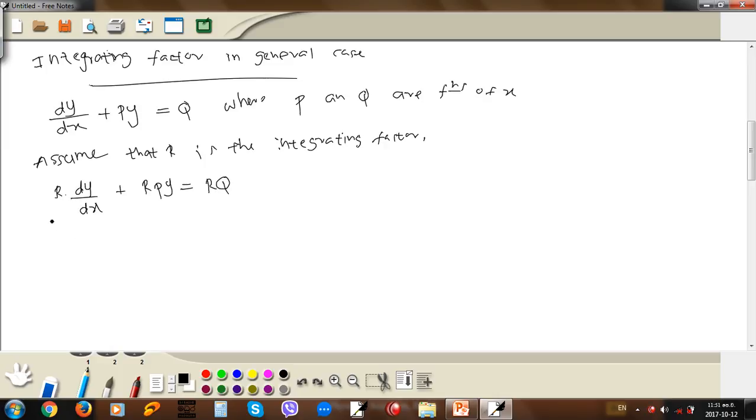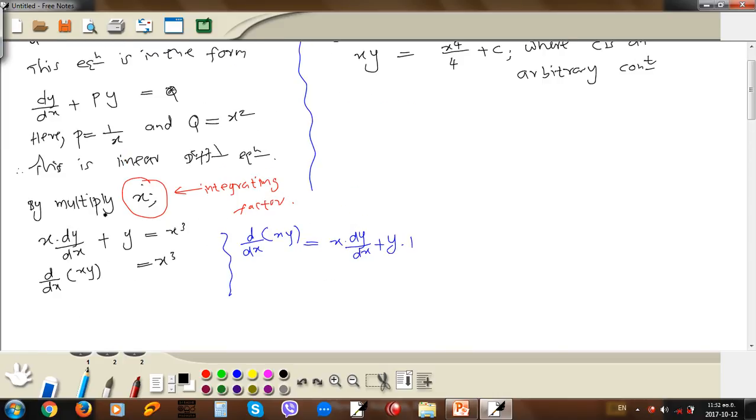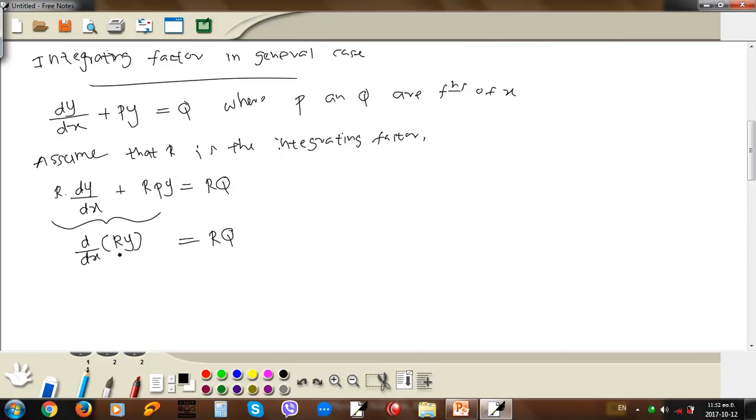If you multiply by the integrating factor, it should be reduced to d/dx of the integrating factor times y. So in the general case, it should be reduced to that form.